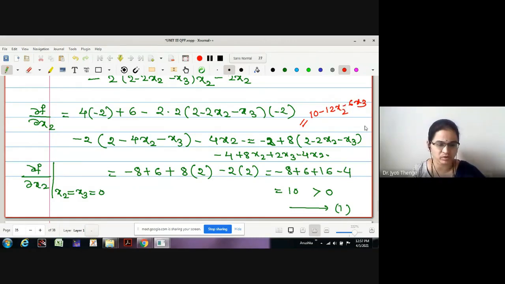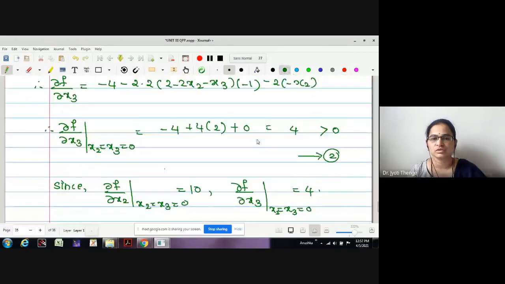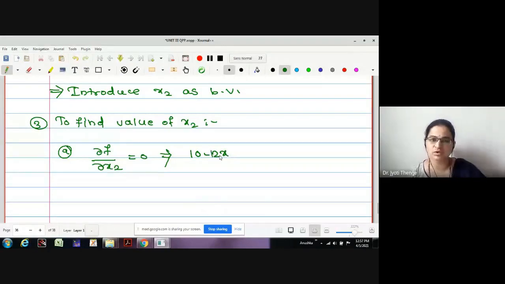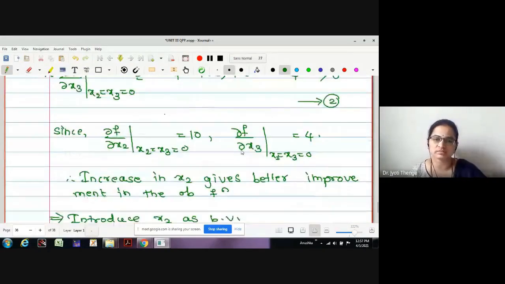Check whether the value is correct or not. 10 minus 12 x2 minus 6x3. Okay. If it is so, minus 2x2 or 12x2, minus 12x2 minus 6x3.